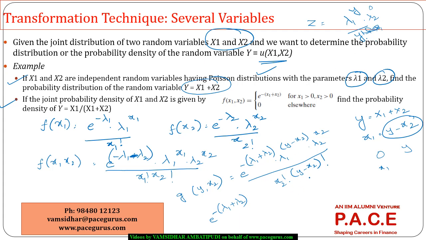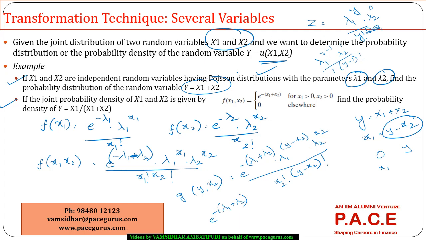Similarly, if you take x2 equal to 1, it becomes lambda 1 to the power y minus 1, lambda 2 to the power 1, divided by 1 factorial into y minus 1 factorial.